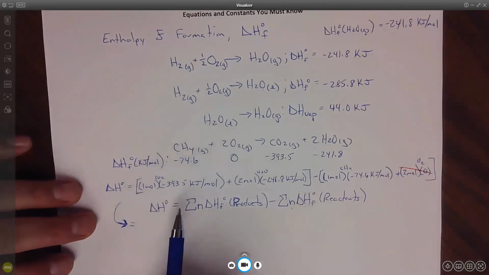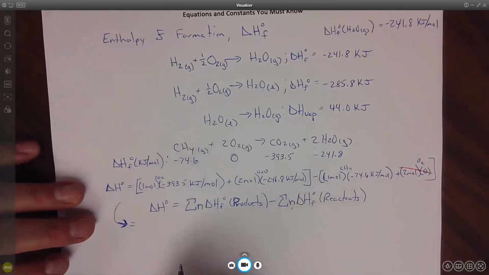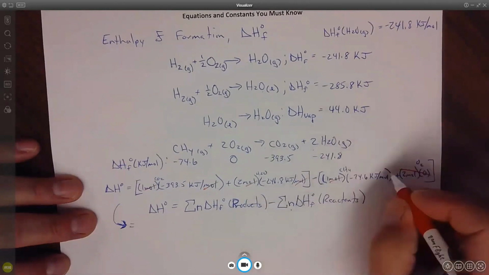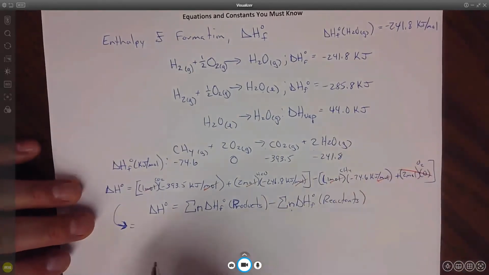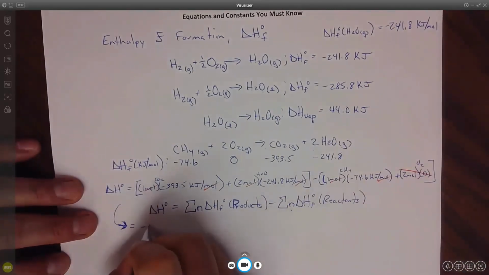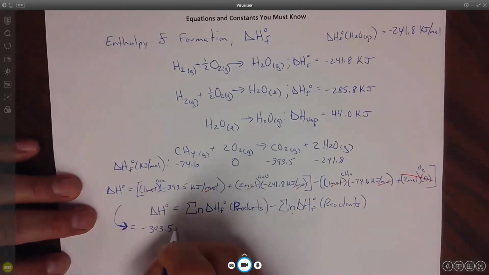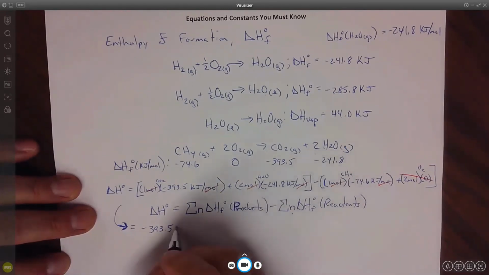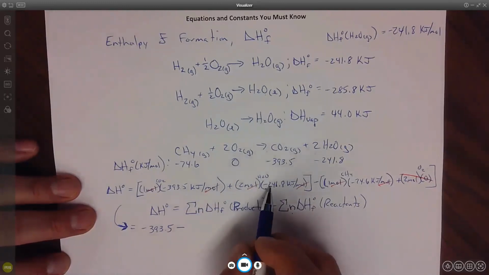and again, remember you have mixed operations here. So basically the moles cancel the whole way through. So we're just going to have units of kilojoules now. And so we're going to have negative 393.5 and then plus, which now is going to be negative, right? So it'll be negative, and then we have to multiply that by 2.